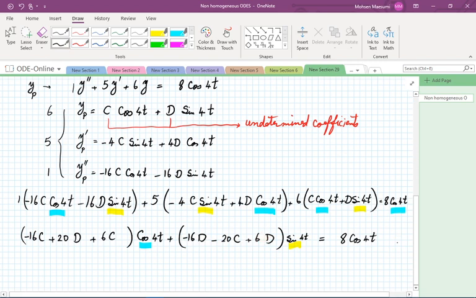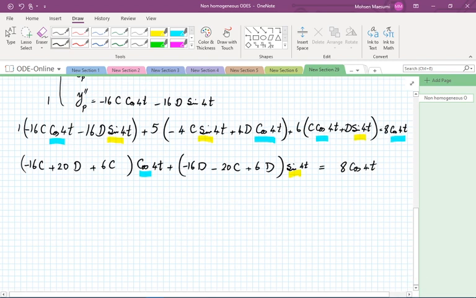And there's no sine here. That's fine. So let's clean up. I get minus 10c plus 20d cosine of 4t, and then here I get minus 20c minus 10d sine of 4t, and the right-hand side is 8 cosine of 4t.